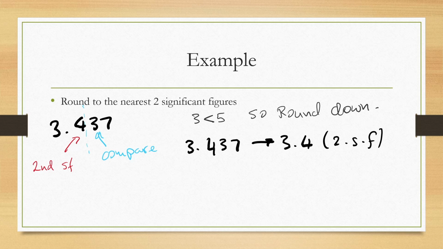That's why I compare with the blue arrow pointing to 3, because 3 is the value that you need to compare. 3 is less than 5, so you round down. So 3.437 to the nearest two significant figures is 3.4, and significant figures is shown by this: 2 s.f. If it was three significant figures, you would say 3 s.f.